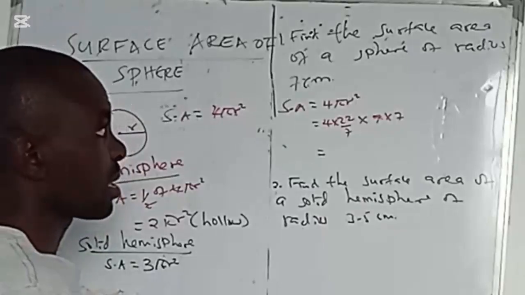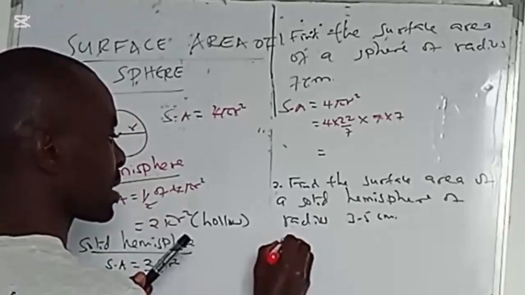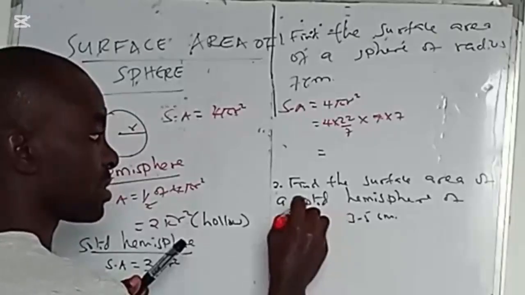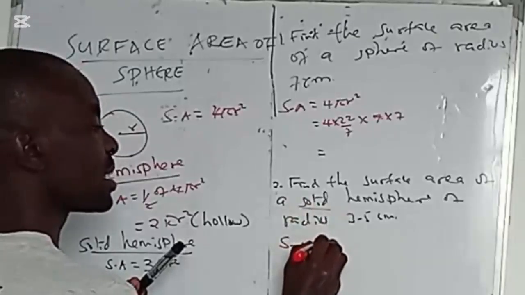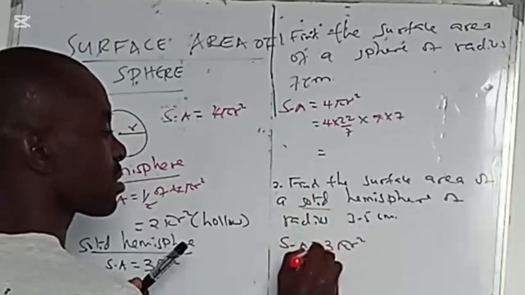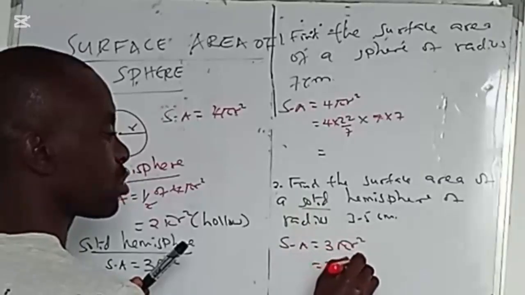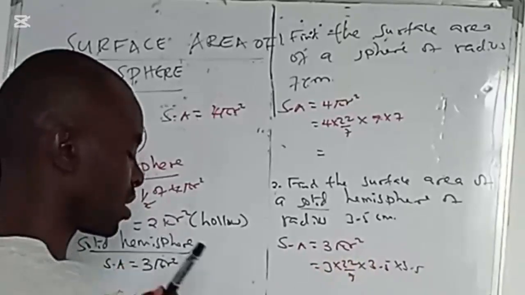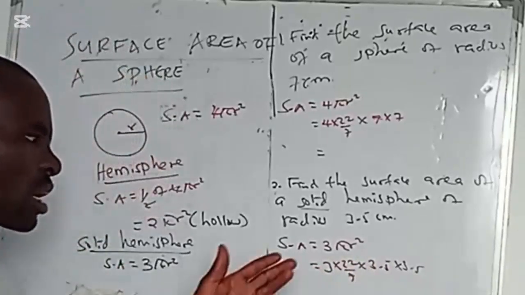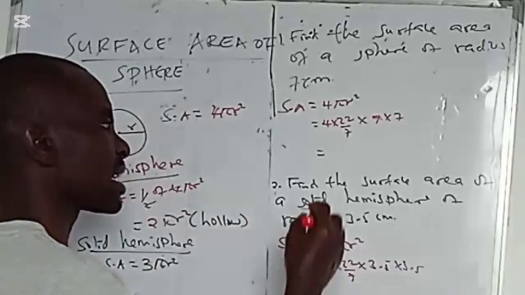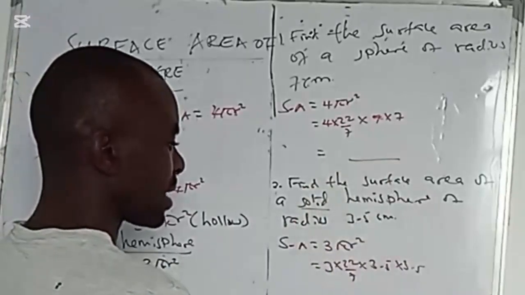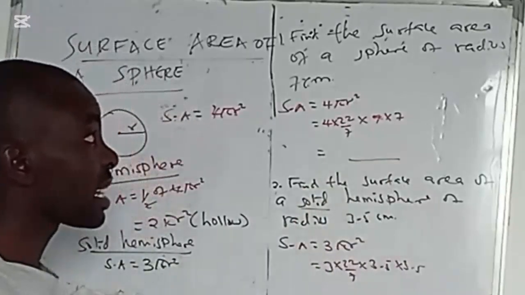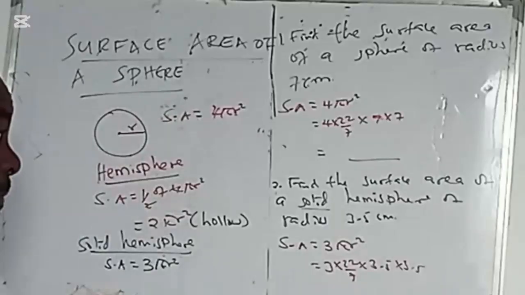So how do you go about it? Surface area, since it is a solid, it's 3 pi r squared. So it is 3 times 22 over 7 times 3.5 times 3.5, so on and so forth. When you use your calculator, you will get the answer here and you also get another answer here. That is how we get this.